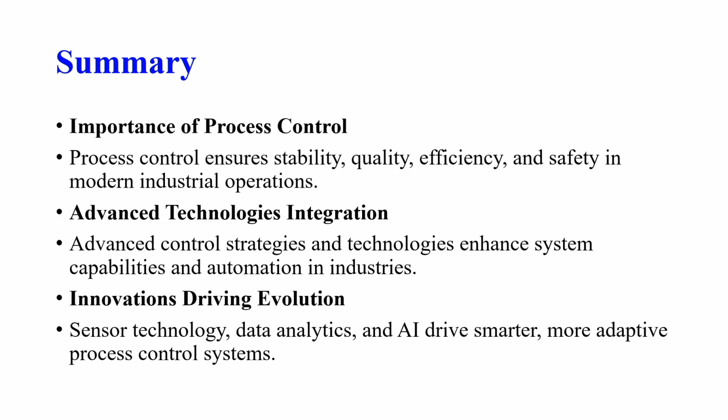So, what we have discussed so far is the importance of process control. It ensures the stability of your process, the quality of your product, the efficiency of the system and safety in modern industrial operations. So, now there is advanced technology integration.